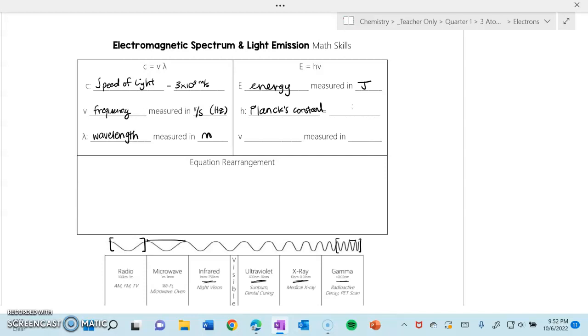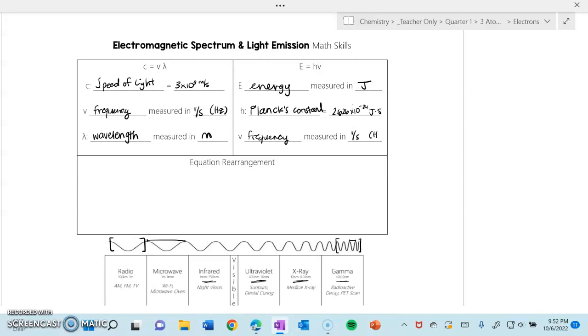And that value is 6.626 times 10 to the negative 34th power joule seconds. Super, super tiny value that relates energy and time. And our frequency is the same variable and units as in our first equation.